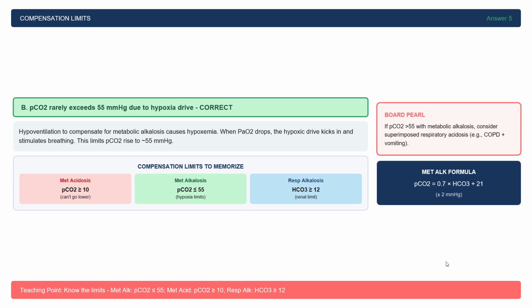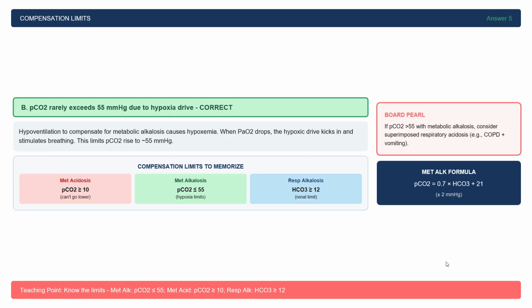But as ventilation slows, oxygen levels start to drop. Once hypoxemia develops, the body's hypoxic drive kicks in and forces breathing to increase again. That creates a natural ceiling and prevents the PCO2 from rising much higher than about 55.